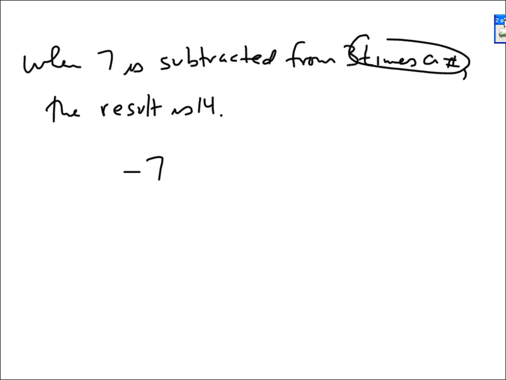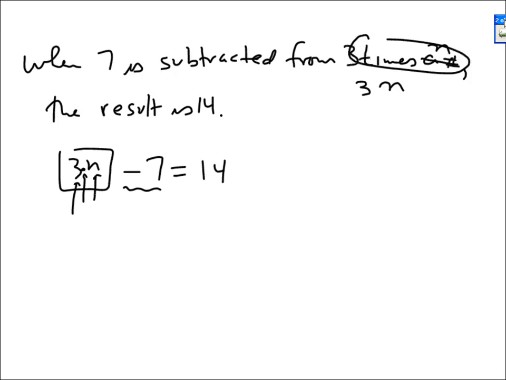So 7 is subtracted from something. And the result is 14. Well, what is 7 being subtracted from? Well, a number is n. 3 times n is 3n. So 7 is being subtracted from 3 times a number. The result is 14. That is, it equals 14.